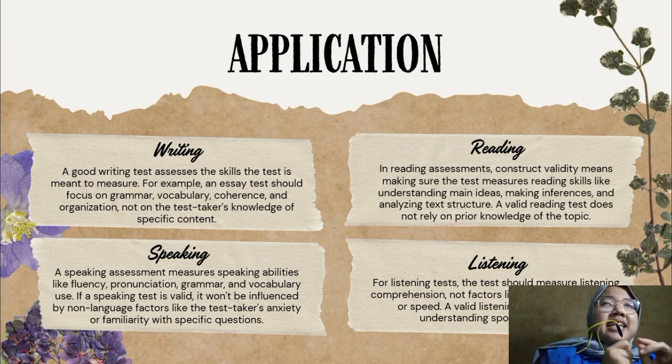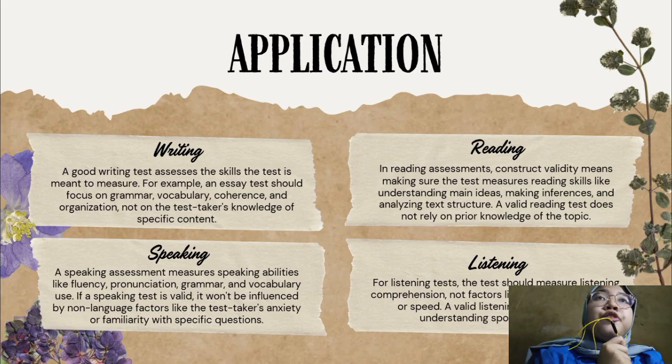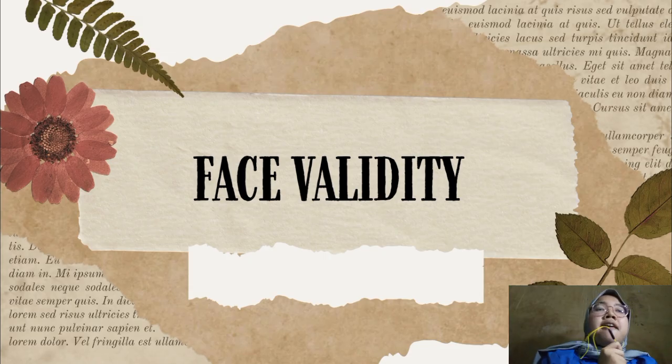A good writing test in application of content validity assesses the skill the test is meant to measure. For example, an essay test should focus on grammar, vocabulary, coherence, and organization, not on the test taker's knowledge of specific content.